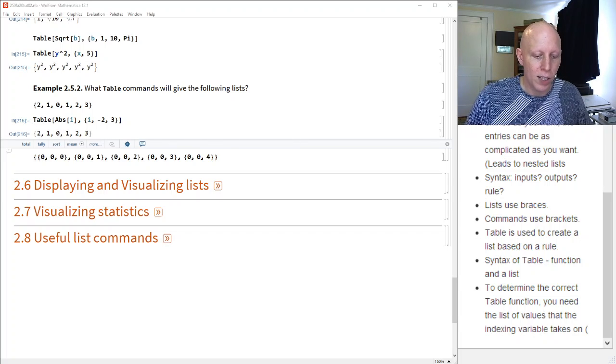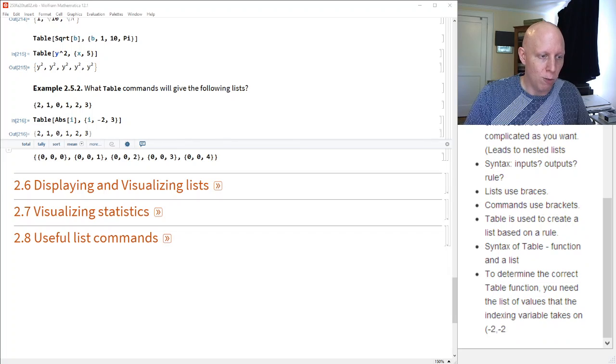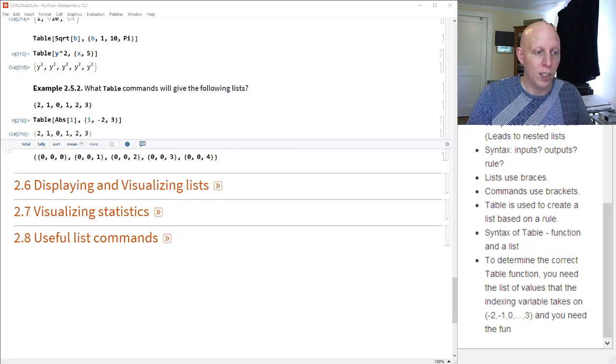Here it was from -2, -1, 0, ... up to 3, and you need the function that is applied to the indexing variable.